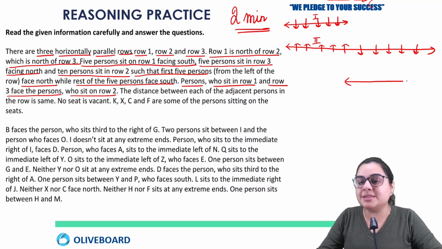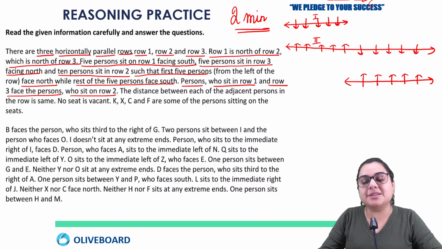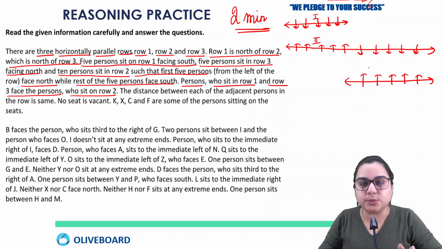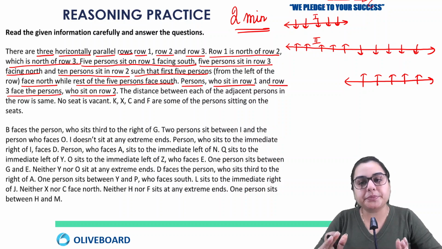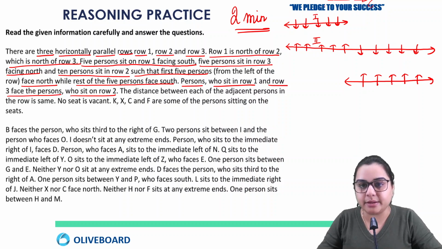The persons sitting in row 3 face north, so they face the persons sitting in row 2. This is how you have to make the diagram.